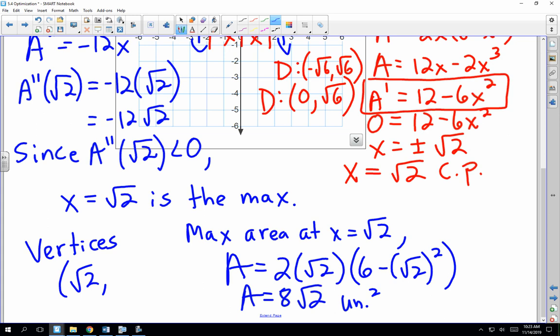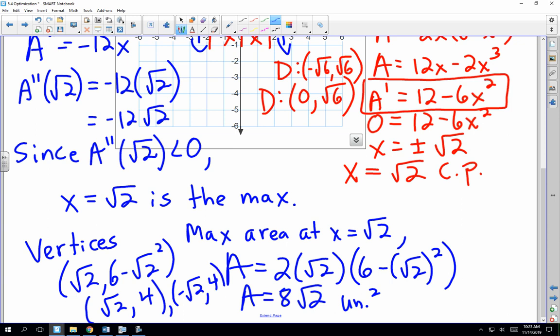So vertices would be at root 2, 6 minus root 2 squared, or root 2, comma 4. And the other vertex would be at negative root 2, 4. So there it is. I would just worry about that as upper ones. And then you have them also at plus or minus root 2, comma 0. All right, so those are the vertices.